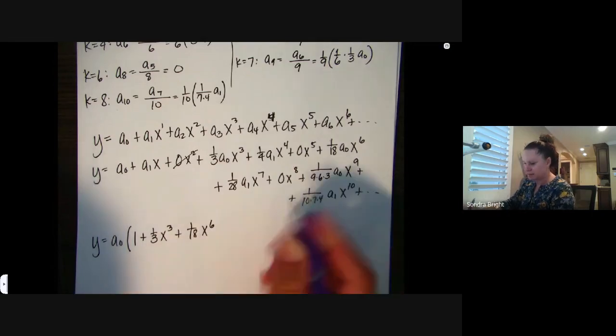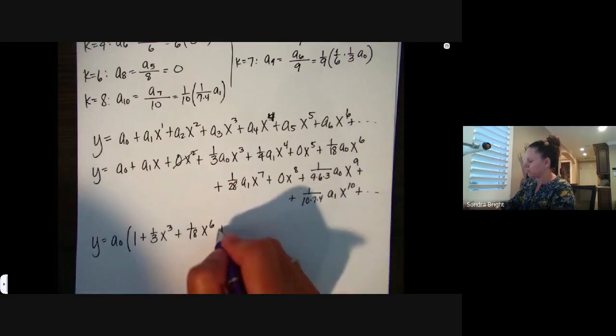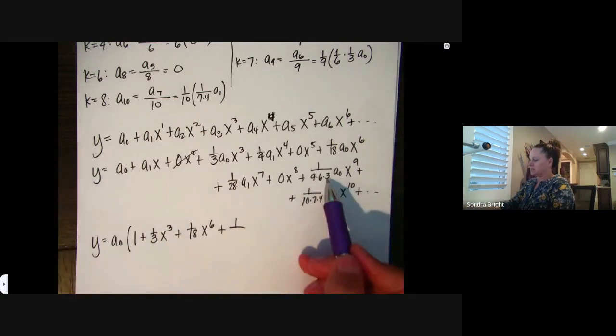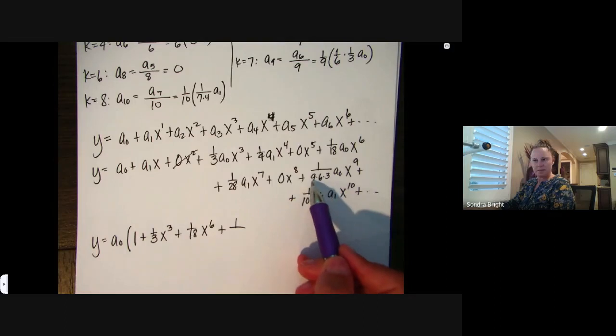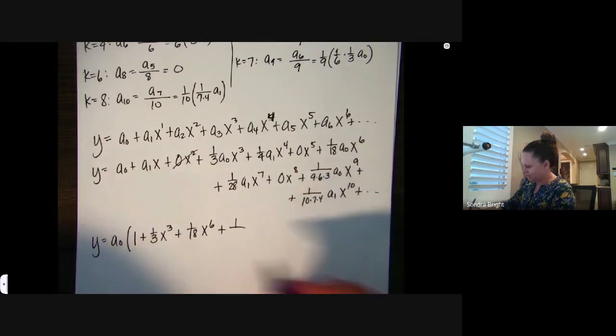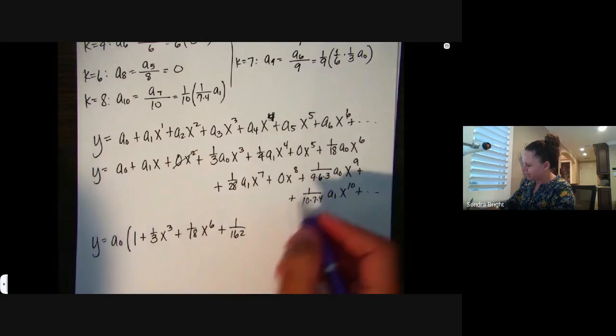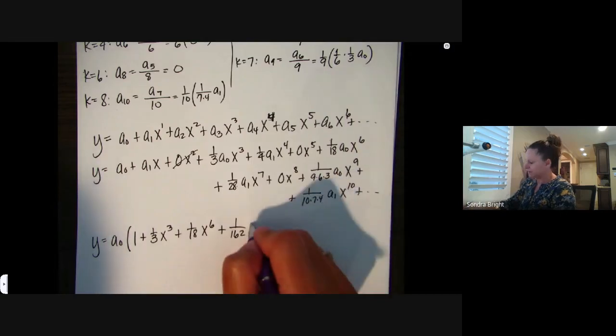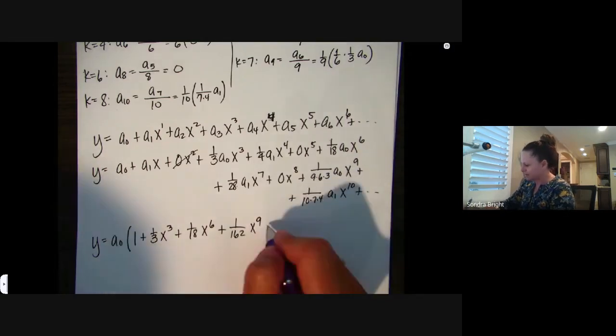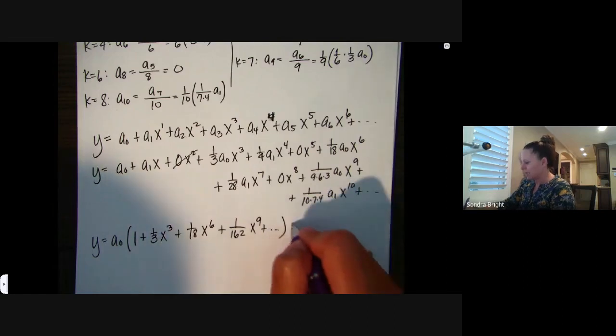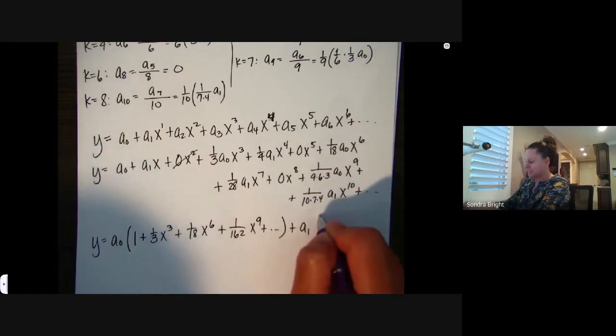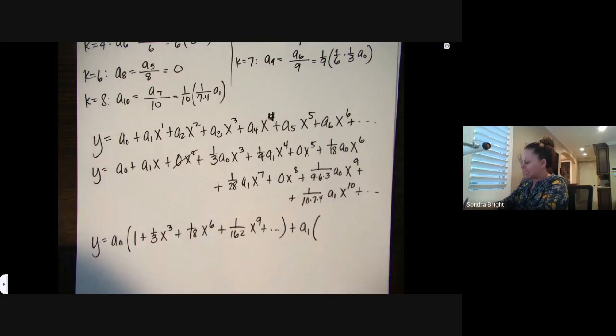Here's an a naught plus 1 over 162, I think, hopefully I did that right, x to the 9th, and then plus dot, dot, dot, plus a1 times x.